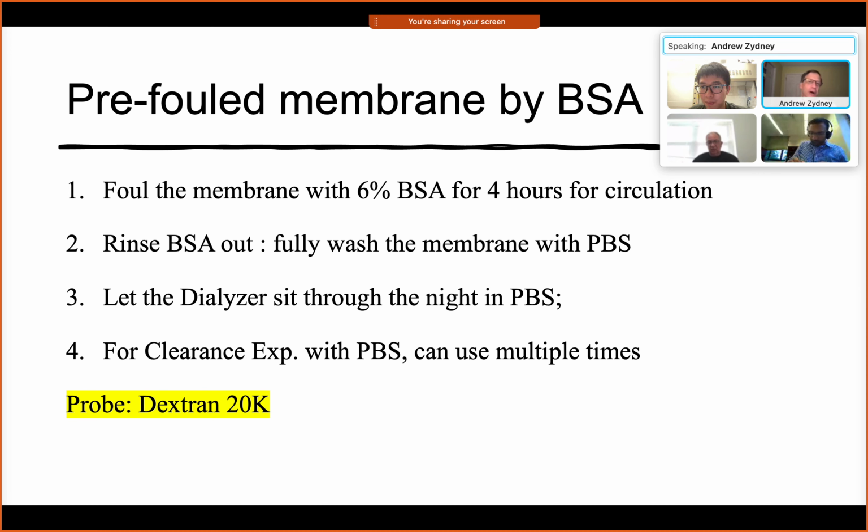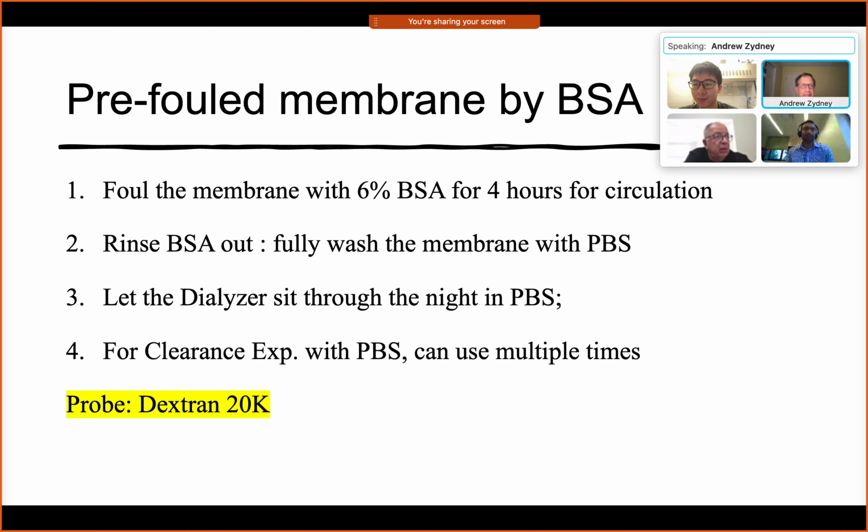So you were proposing 6% BSA for 4 hours. That doesn't seem unreasonable to me as a pretty robust and extensive fouling. I wouldn't go for a week, because that's just not likely to be the most realistic set of conditions. But 4 hours with a high BSA concentration seems reasonable.